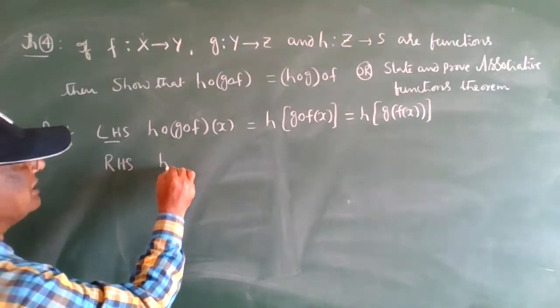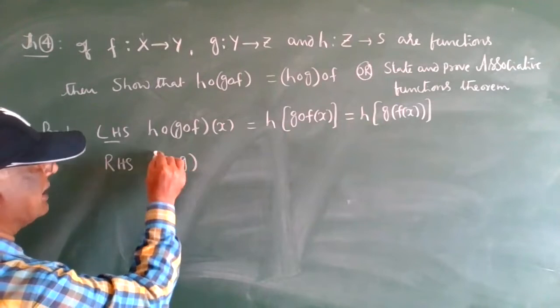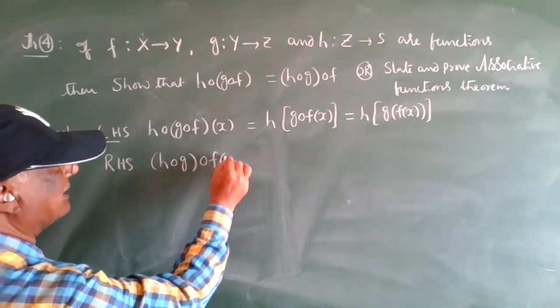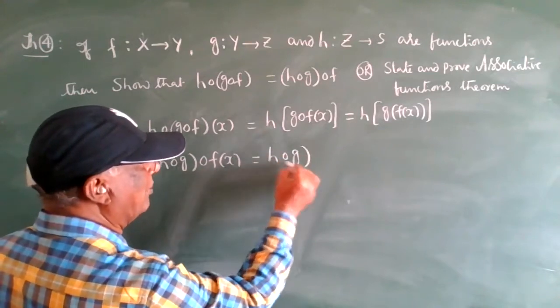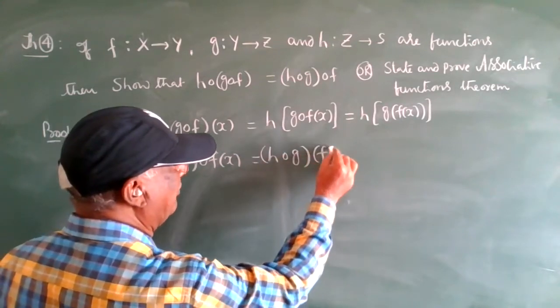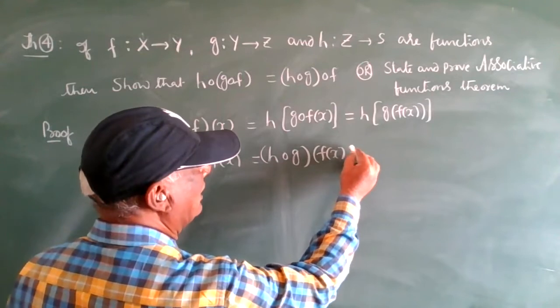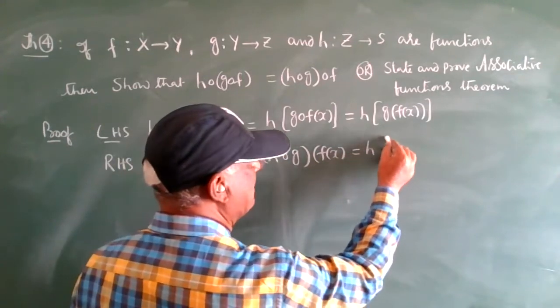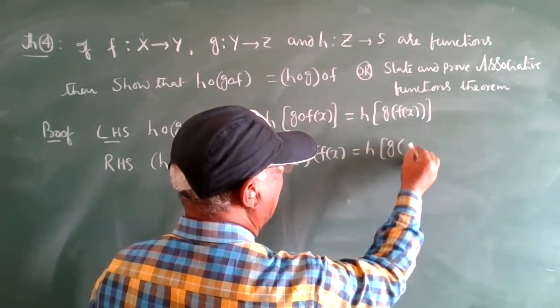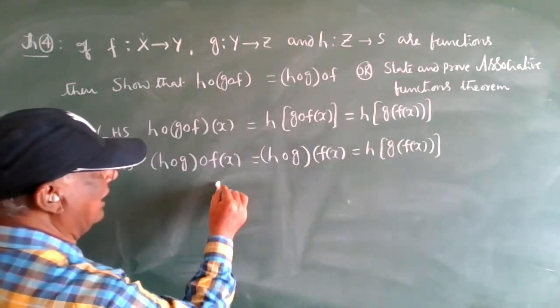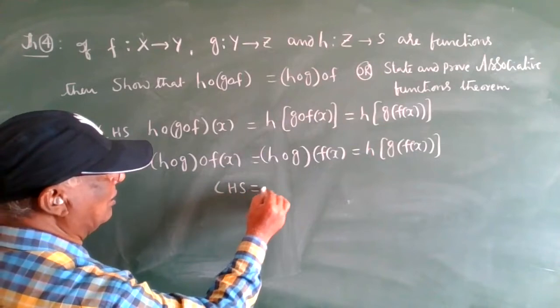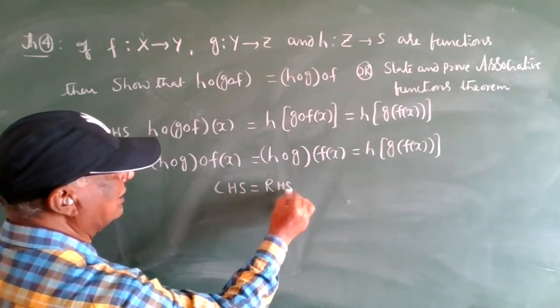RHS. What is (h circle g) circle f at x? (h circle g) of f of x. This is h of g of f of x. Now write down LHS is equal to RHS.